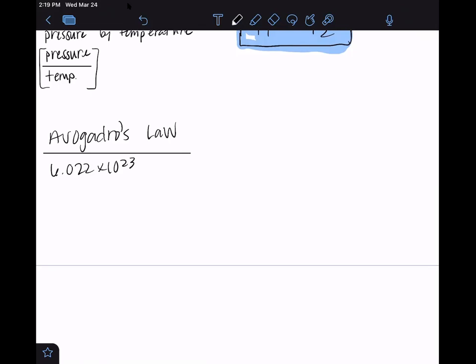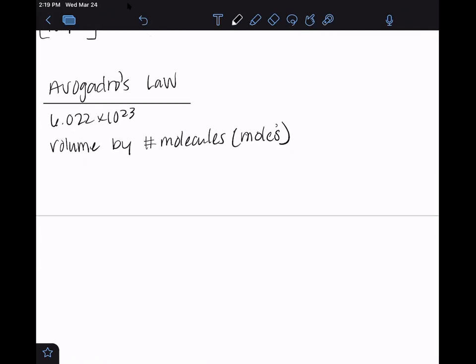So what is it relating? It's relating volume by the number of moles, or number of molecules. I'm also going to put moles here because sometimes it's easier for students to connect those dots when we actually say moles. But remember, Avogadro's law can be any sort of unit. In this case, I just like to talk about it as moles.